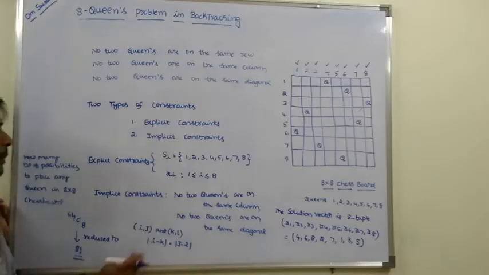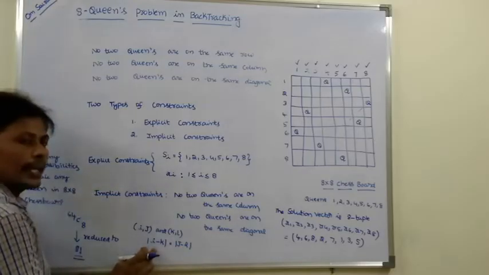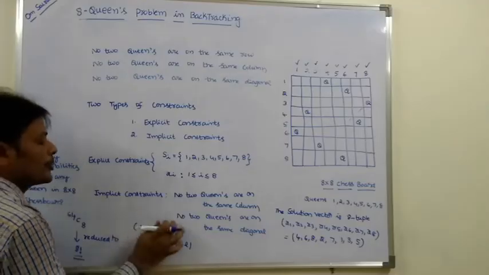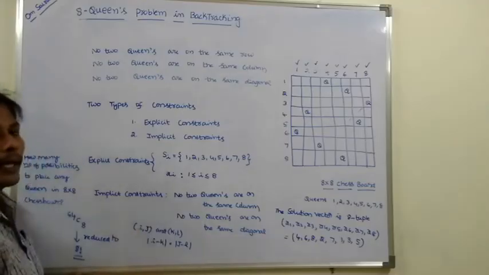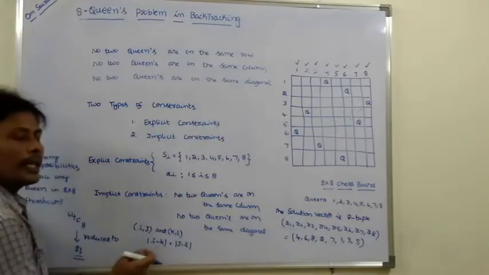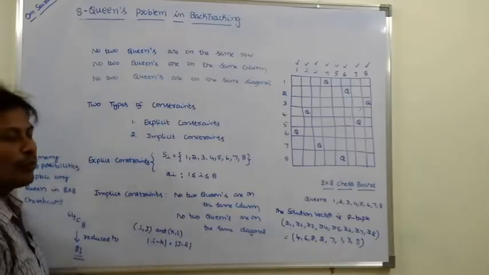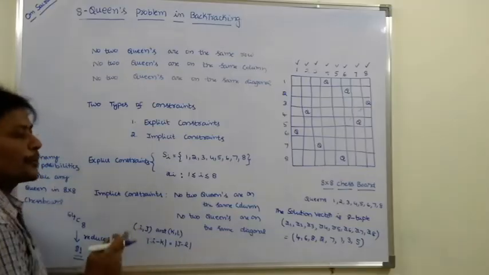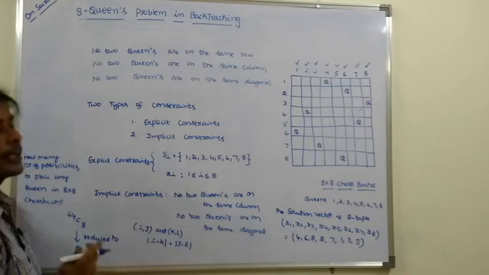If this condition is satisfied, we can say that these two coordinates are diagonal coordinates in the 8 by 8 chessboard. Suppose this condition is not satisfied, then these two coordinates are not diagonal coordinates.